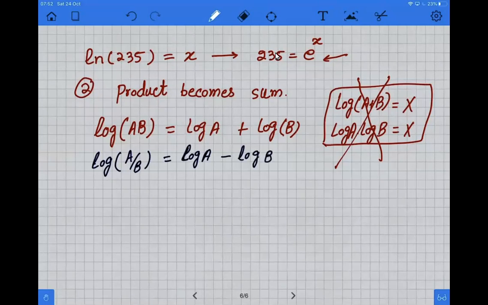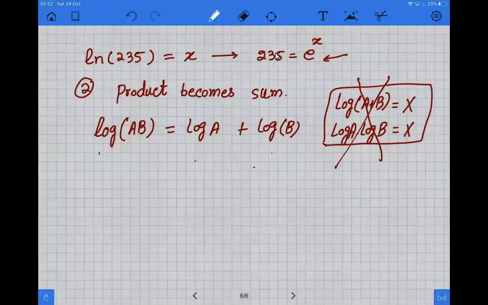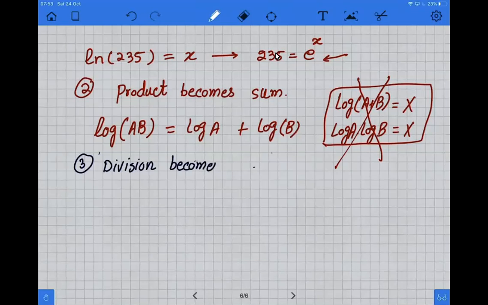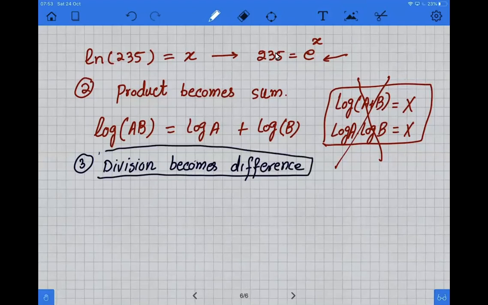So if it's product, it will become sum. Third rule, division or quotient becomes difference. So when you take log, the division becomes the difference. How it works?